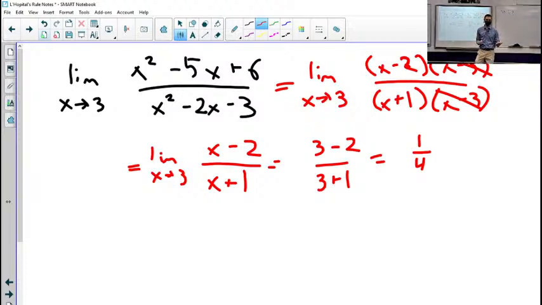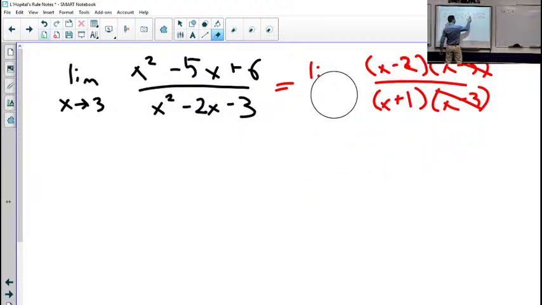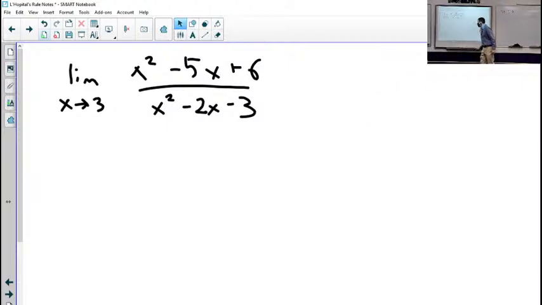All right. Here's what our new rule would be able to do. We're going to get 1/4 again, but we're going to get it a different way, using this rule. Since we get an indeterminate form, and since the top and the bottom are both differentiable, we're going to be able to use this rule.